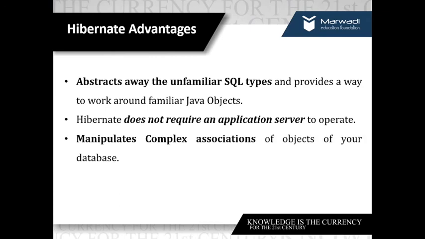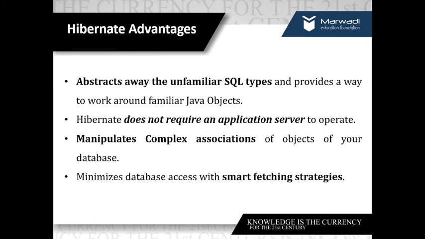It manipulates complex associations of objects of your database. So complex associations like one to many, many to many, these kinds of associations that we use in databases, all those can be handled with the help of Hibernate configurations. So it's pretty much easy in Hibernate.